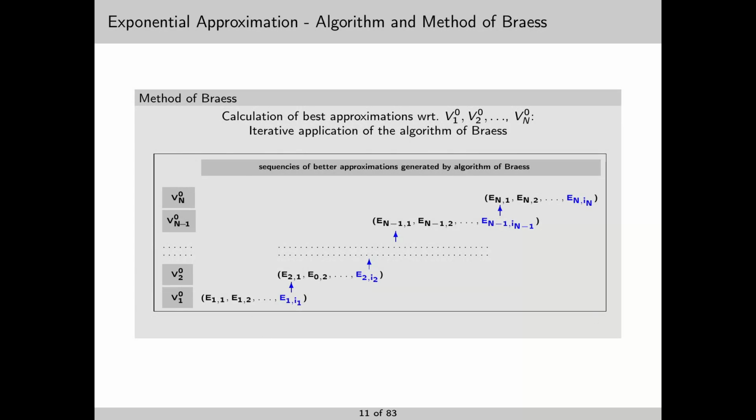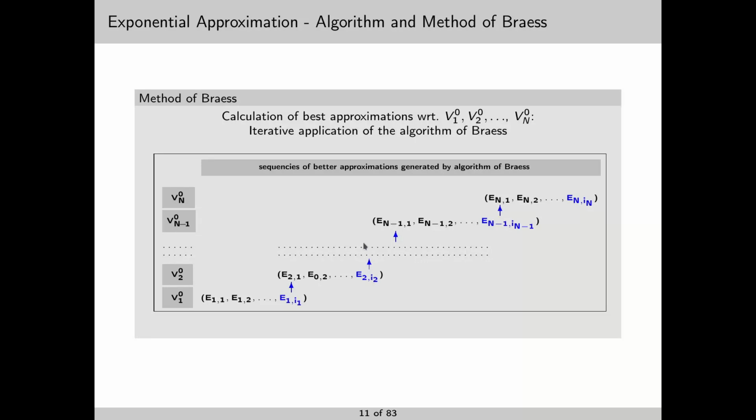The algorithm of Braess computes a sequence of better approximations and ends with the best approximation with respect to V_1^0. This best approximation is the starting value in V_2^0. The Braess algorithm computes a sequence of better approximations in V_2^0 and ends with the best approximation.